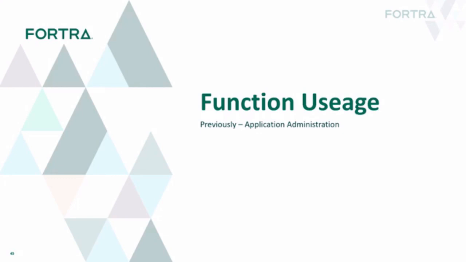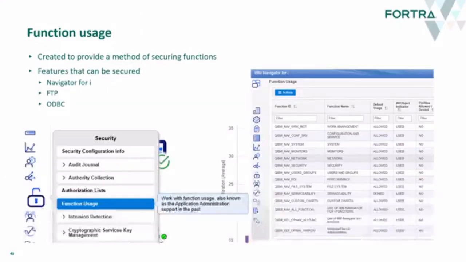It was known as application administration, but function usage is another way that you can secure your IBM i. It was created to provide a method for securing things like FTP, ODBC, and those functions. But now you can actually secure Navigator for i functions.